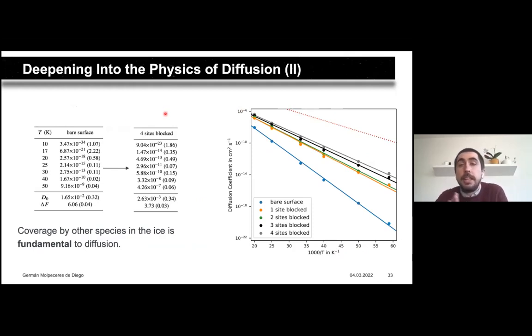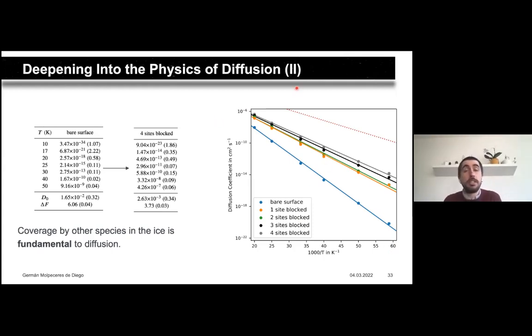But not only is the difference between average values and considering the whole distribution important in order to realistically model diffusion. Another thing that is fundamental is the number of particles that are coexisting on the surface at the same time, which is a requirement that interstellar ices have. So they are dirty ices in which many particles are moving, which deviates from the case in which one particle is the only one moving.